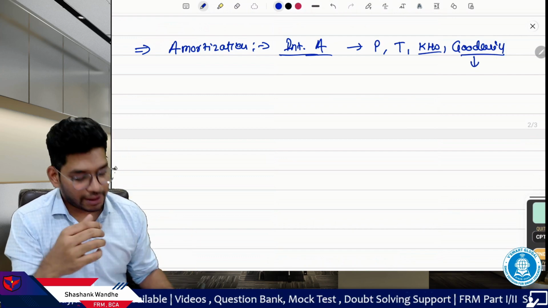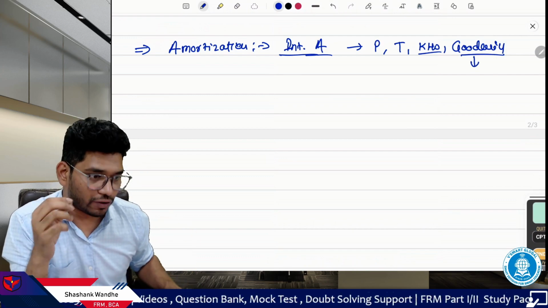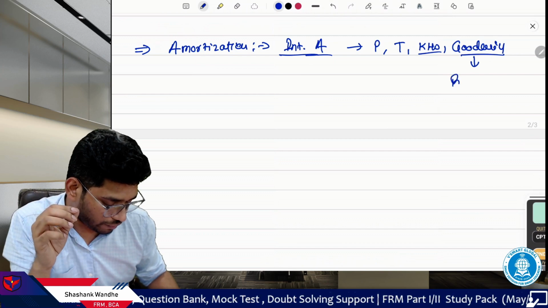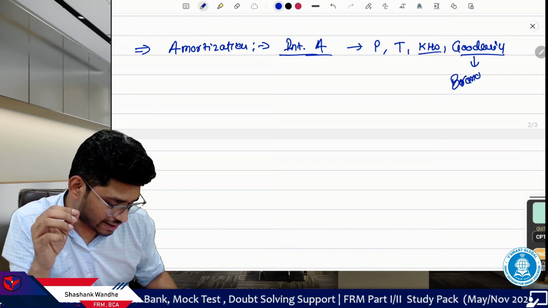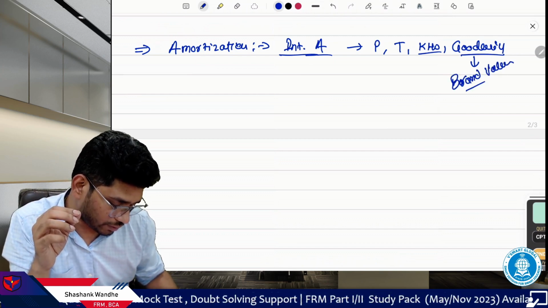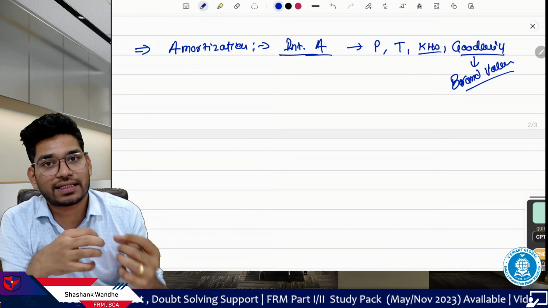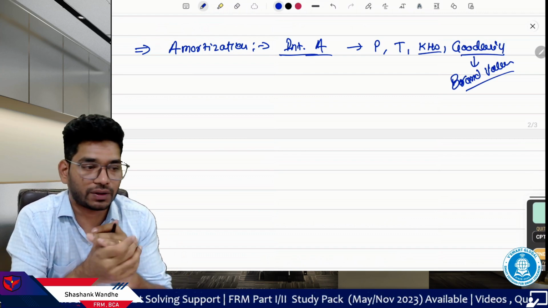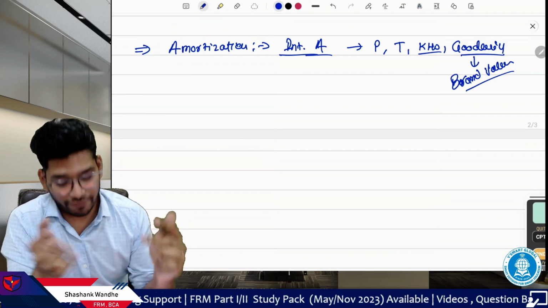Goodwill, in simpler terms, in case you don't know the meaning of goodwill, is, say, brand value. People trust that particular brand. This is again the simplest definition.